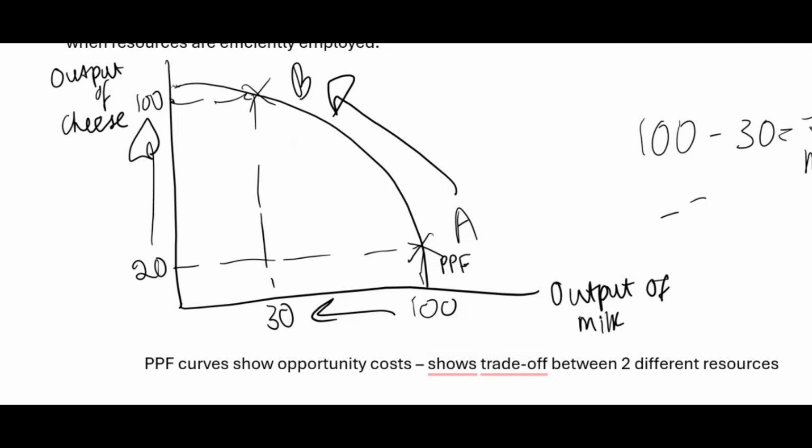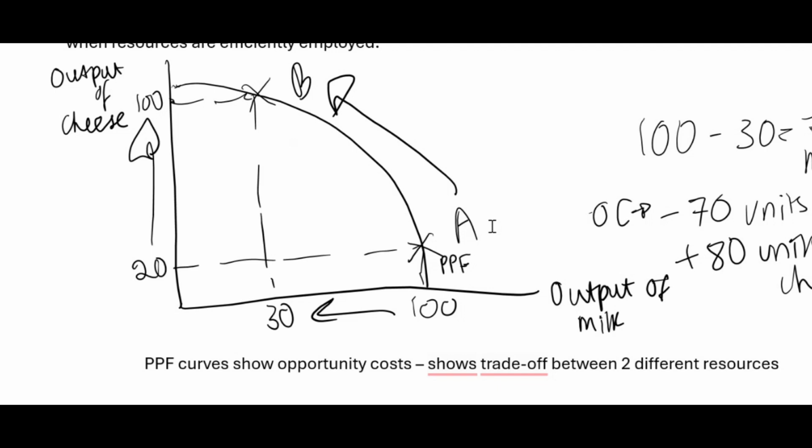Cheese. How many units? You gain 80 units of cheese. So this is showing opportunity cost, and this is a really good depiction of it. But yeah, that's an example.